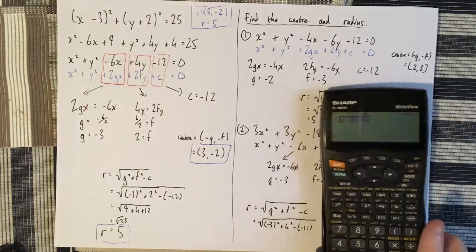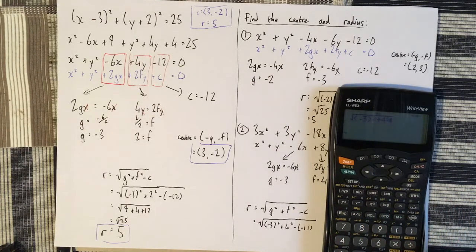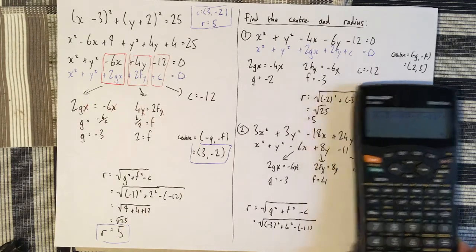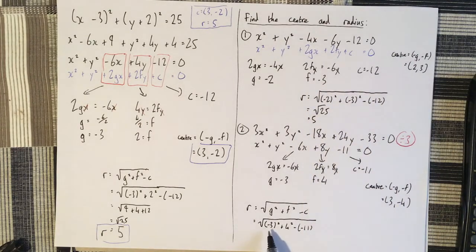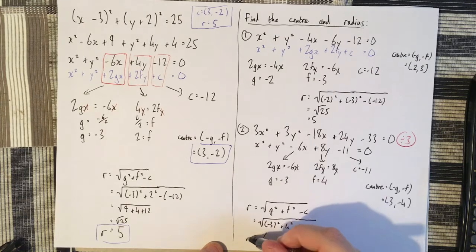So plus 4 squared minus 11. And that's equal to 6. So 3 squared, 9 plus 16 is 25, plus 11 there would be 36. So it is the square root of 36, which is equal to 6. So my radius there is 6.